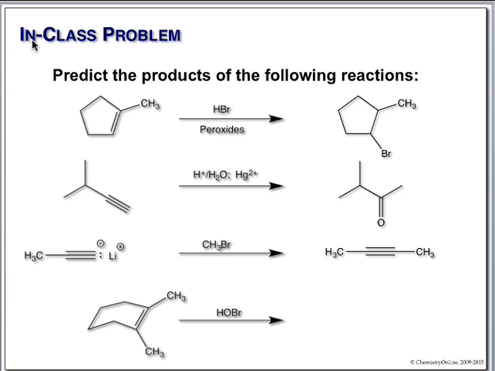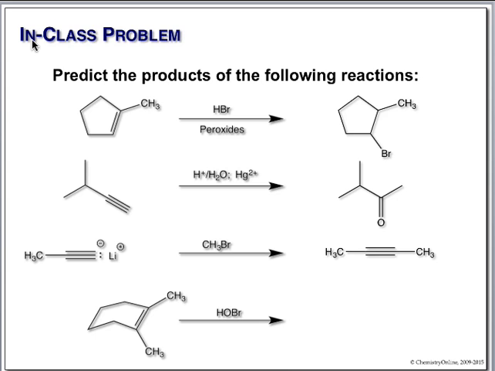In our next reaction, we're adding HOBr to an alkene. Now it's a cyclic alkene. What do we know about HOBr? We know that we're going to form an intermediate bromonium ion. We know that that bromonium ion is going to be attacked by hydroxide anion. We're going to wind up with a trans halohydrin. That means hydroxyl group on one carbon, bromine on the other.